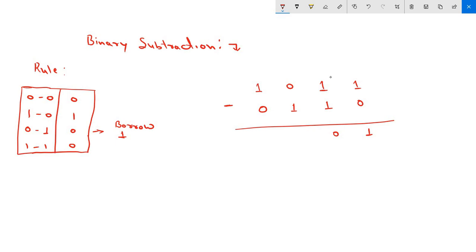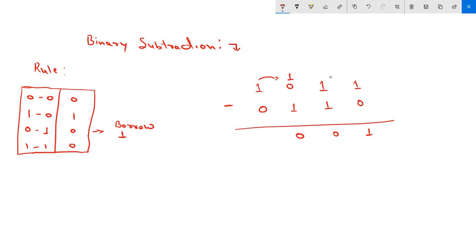So 0 minus 1. So first borrow 1. Okay. And 1 minus 1 equals 0.